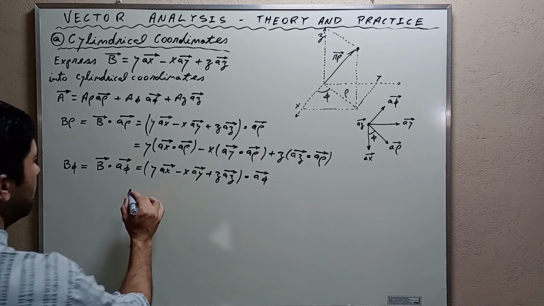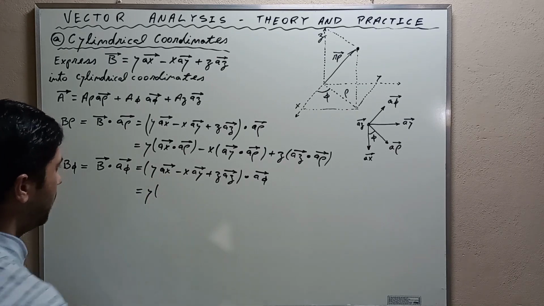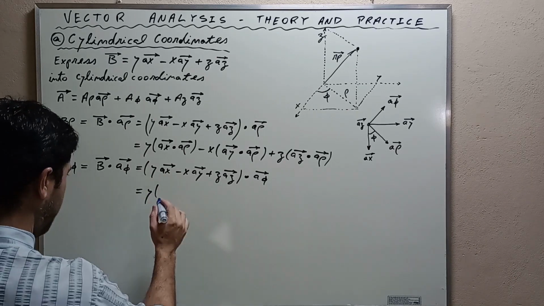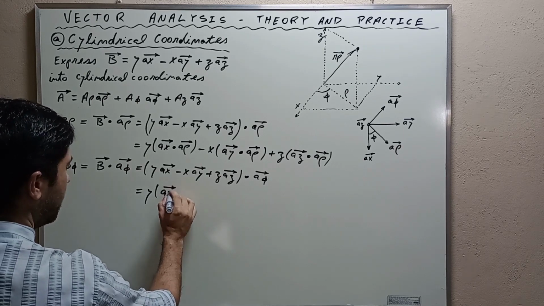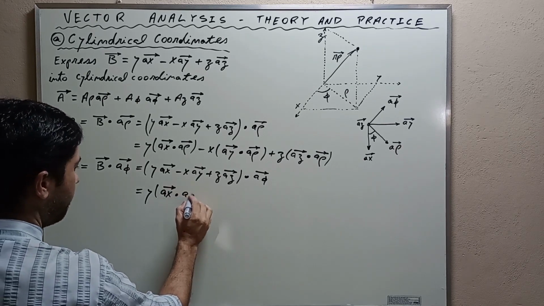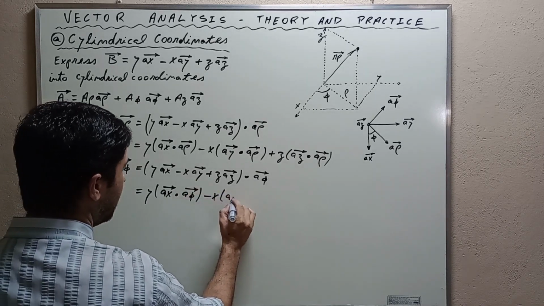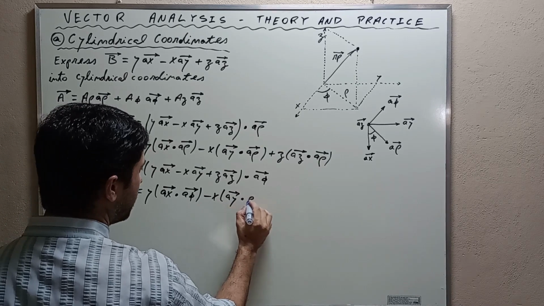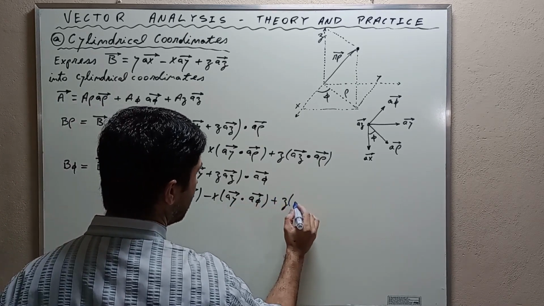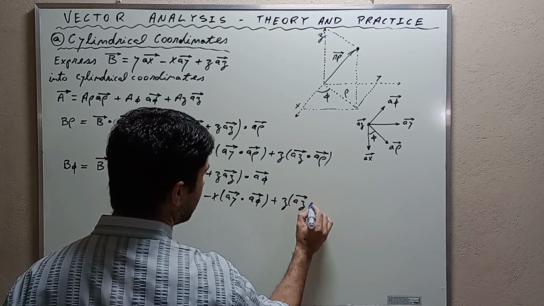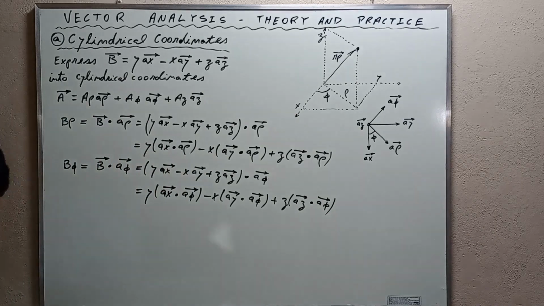Expanding, we find y ax in a dot product with a phi, minus x ay in a dot product with a phi, plus z az in a dot product with a phi. Okay?